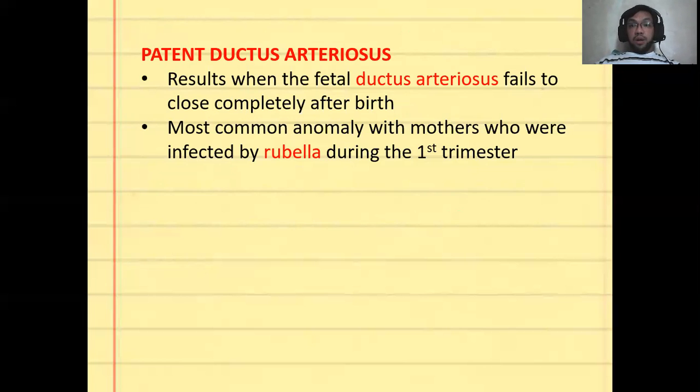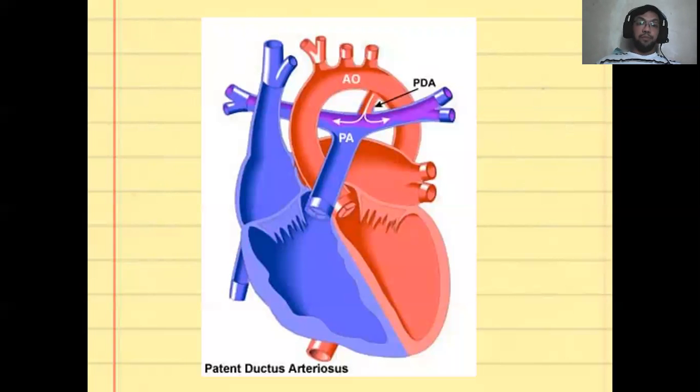This ductus arteriosus should become the ligamentum arteriosum that will secure the aortic arch onto the pulmonary artery. But since it remains open, there will be an abnormal connection later on between the aorta and the pulmonary artery. And it's the most common anomaly with mothers who were infected by rubella during the first trimester of pregnancy.